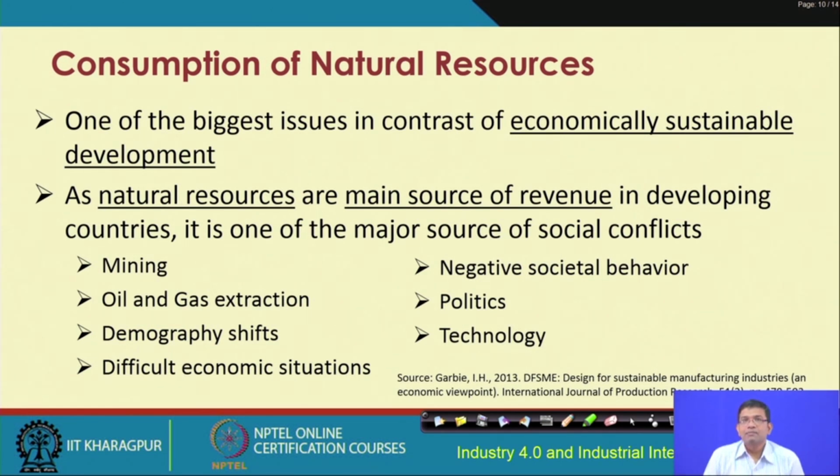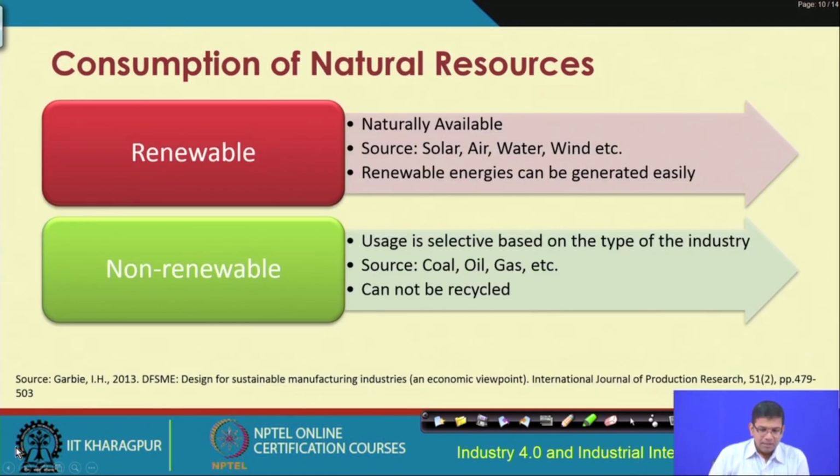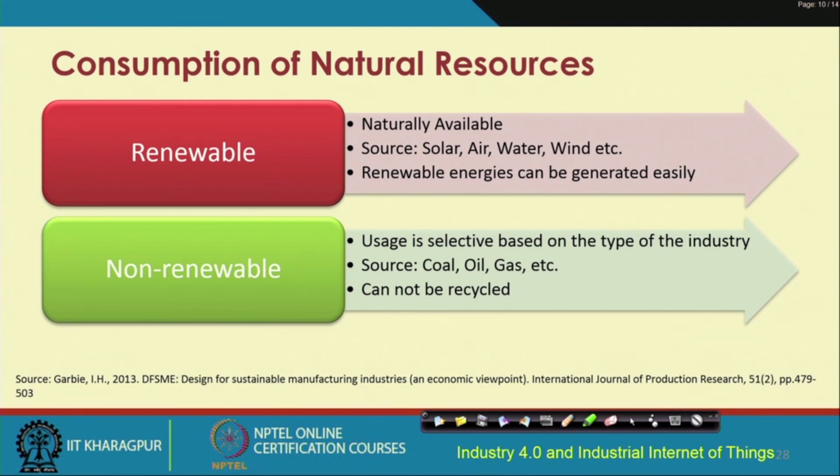All of these are major contributors in terms of the consideration of natural resources. Natural resources can be of two types, the renewable ones and the non-renewable ones. Coal, oil, gas, etc. are examples of non-renewable sources of natural energy, and solar, water, wind, etc. are the examples of renewable sources of energy.